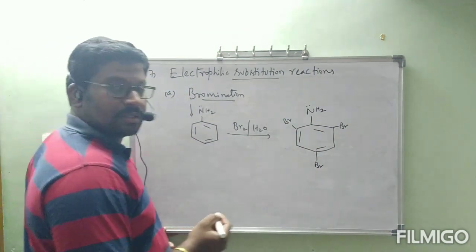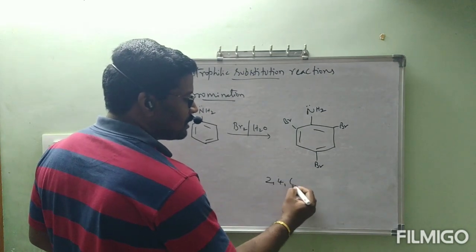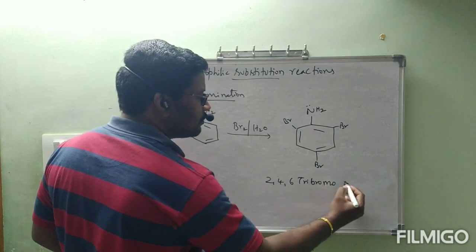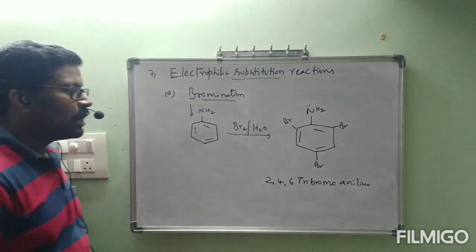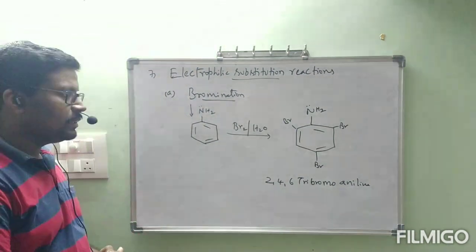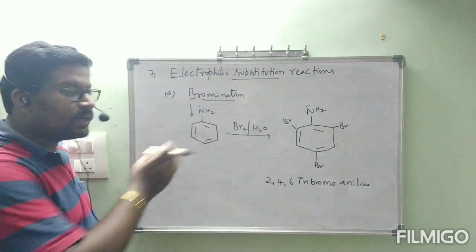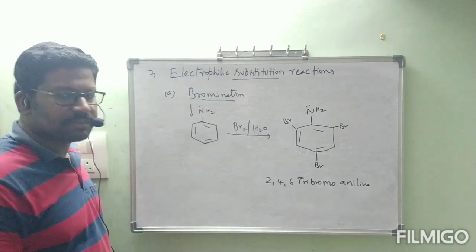The product name is 2,4,6-tribromoaniline. This is the compound which we are going to get directly. If you take aniline and treat it with bromine water, you will get this product.